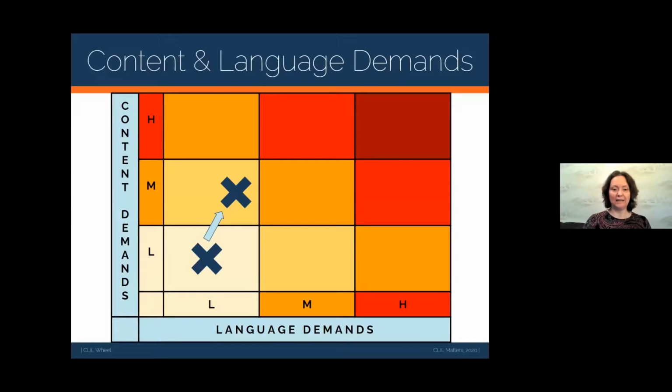So what has happened here? Well, I moved up both in terms of the content and in terms of the language. It is still not the highest level of both, but I moved up. The thinking behind those sentences is the content, the language. I have introduced this word dense.